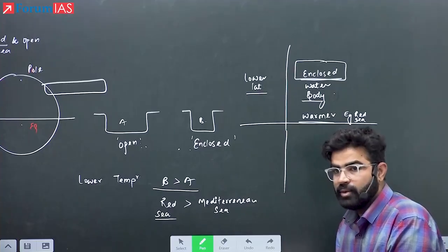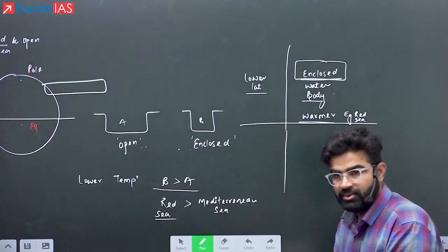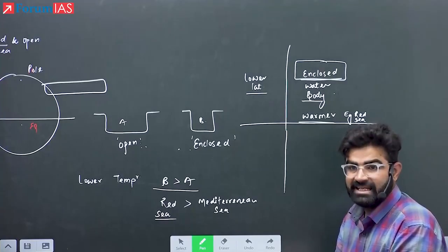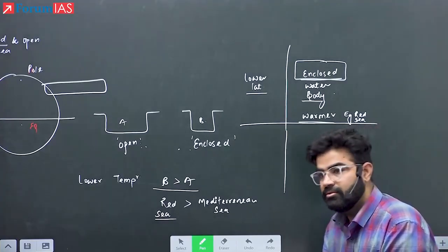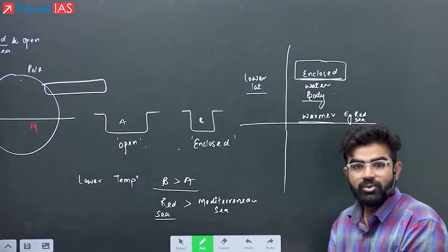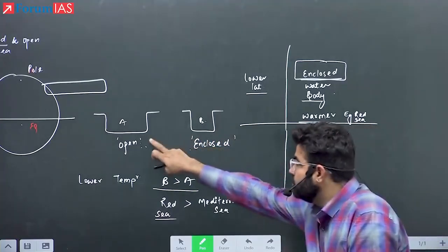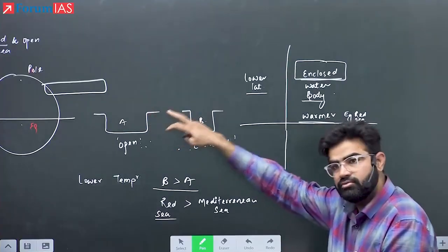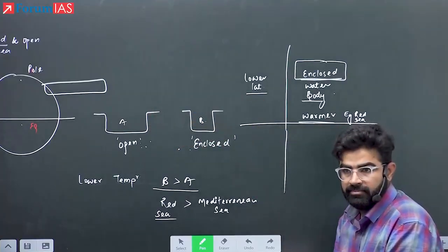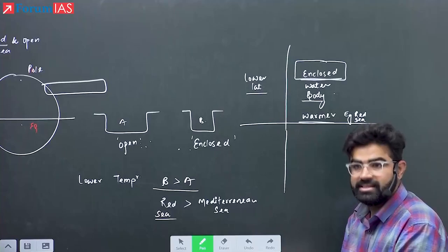You are only considering surface area, but the volume of water is more, right? So the volume of water will take time, because the water has to become cooler, and it will take time. So if I put these two bowls at the higher latitudes, which will have more temperature, A or B? The answer is A. Why?